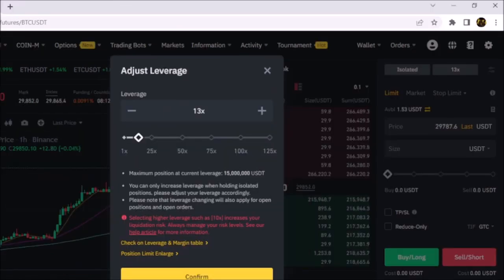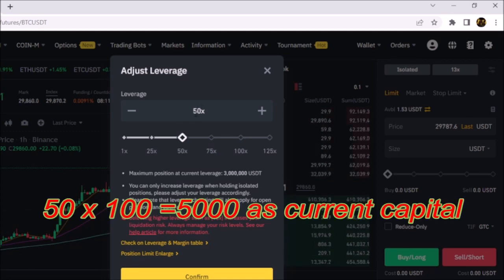So this is the leverage that I'm talking about. Here, the leverage moves from 1x up to 125x. So this means that if you decide maybe to use 50x leverage, let's say we have $100 on our account, they will multiply 50 times the 100 that you have.